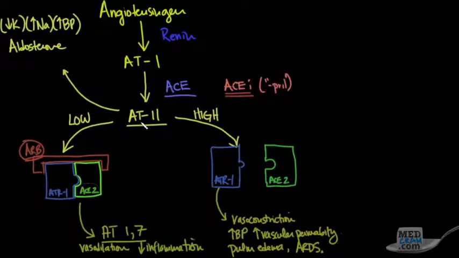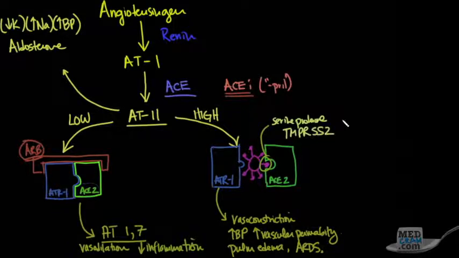Furthermore, when there's high angiotensin 2, the hypothesis is that this opening in ACE-2 allows for the coronavirus with its S protein to bind to ACE-2. This binding here also requires something called a serine protease, known as TMPRSS2.